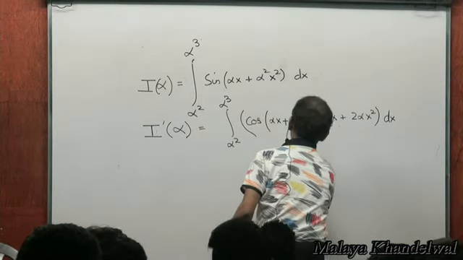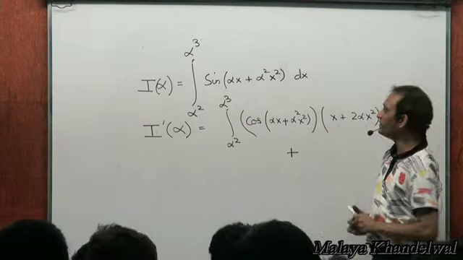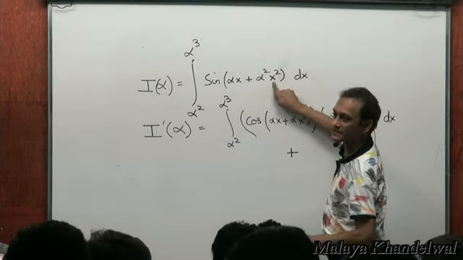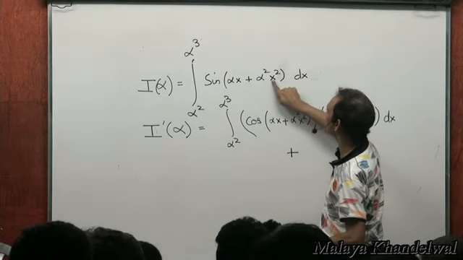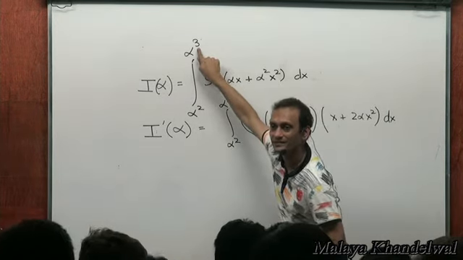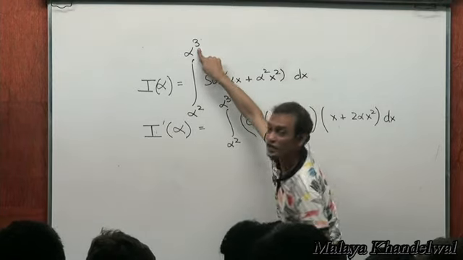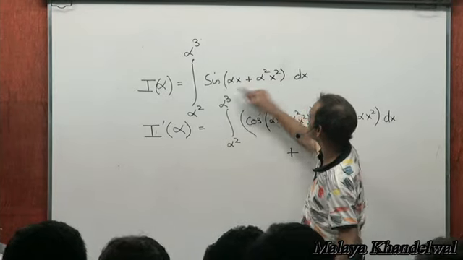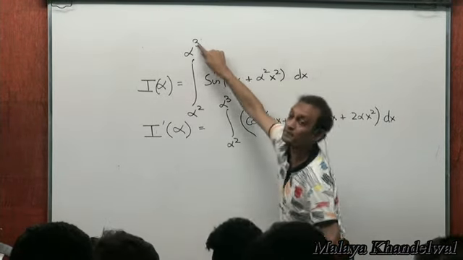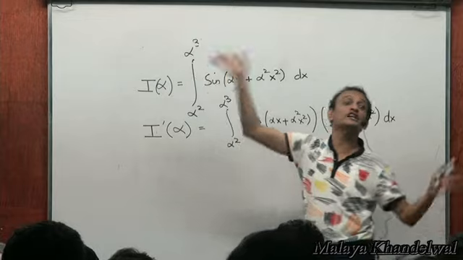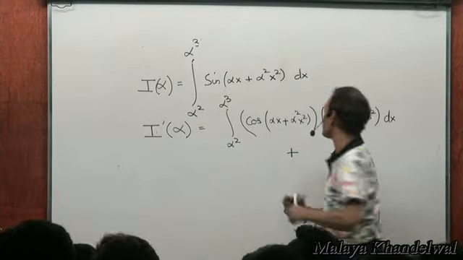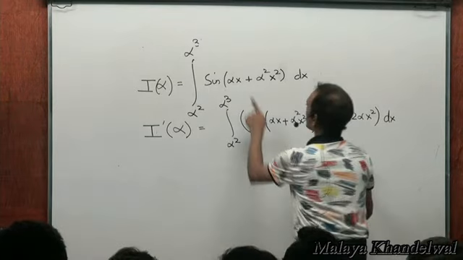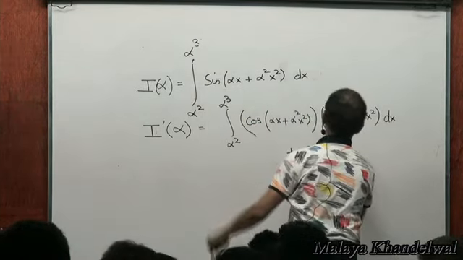In the next term, replace this x. Wherever x comes, replace it by the upper limit, and then differentiate the upper limit with respect to alpha. Wherever x comes in this function, replace that by b alpha, and then differentiate b with respect to alpha. So then sine, this x replaced by alpha cube, so alpha to power 4.